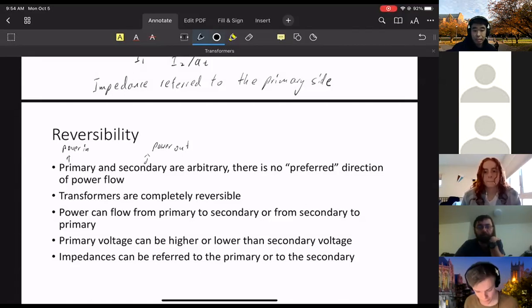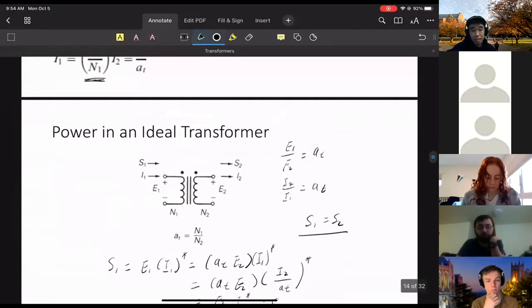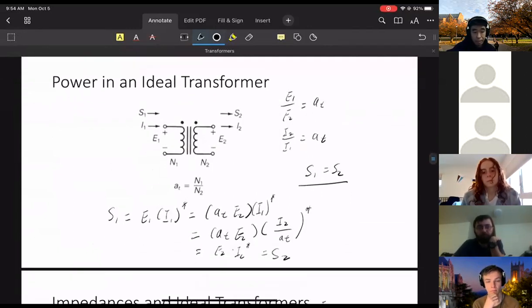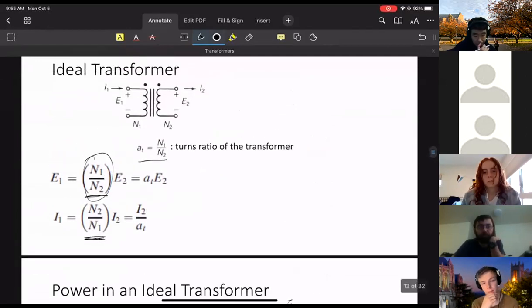Hi, Professor. Yeah, go ahead. Go back to the two slides. Sure. This one, power. Okay. So for the input current and the output current, I1 and I2, consider the equation. Let's go back one more slide. Okay, I1.